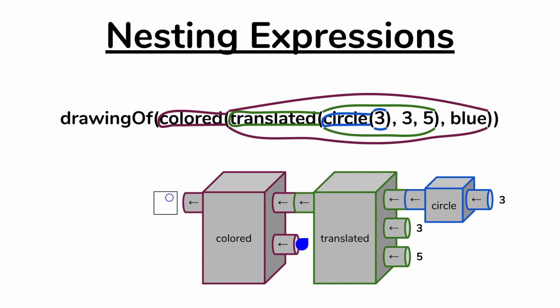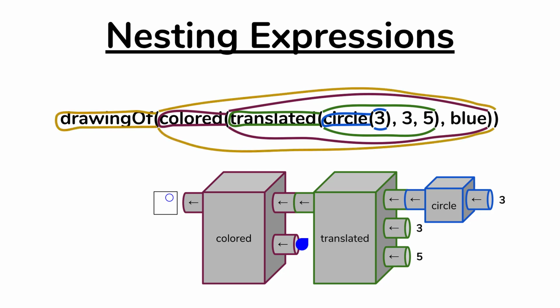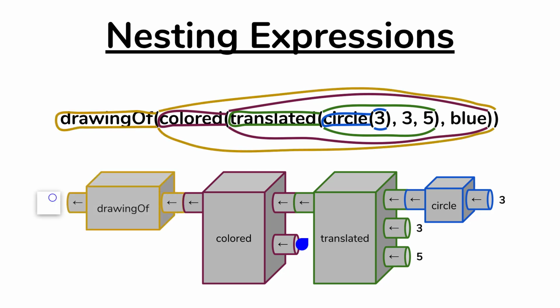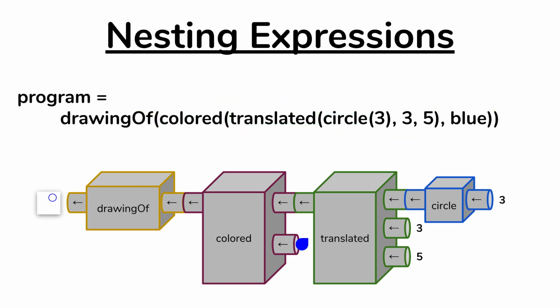And finally, we'll connect the parentheses for the outermost function, the drawing of function, like this. We can put this all together and write an equation to define that special variable program to have the same value as the complicated expression to the right. Now we've described a program involving a shape and two translations without needing to define any extra variables.